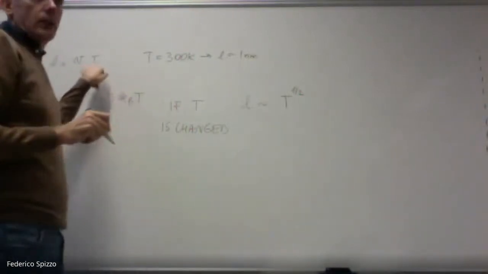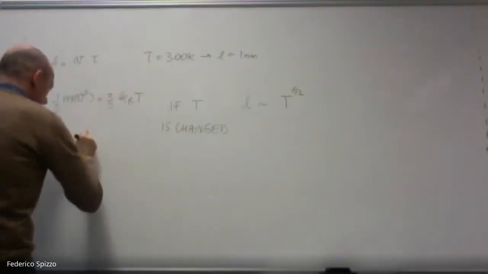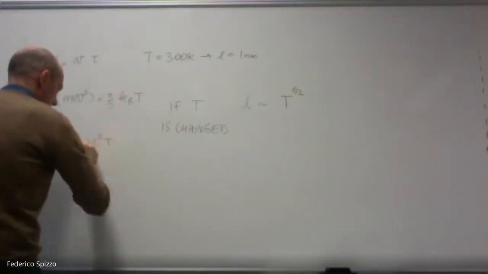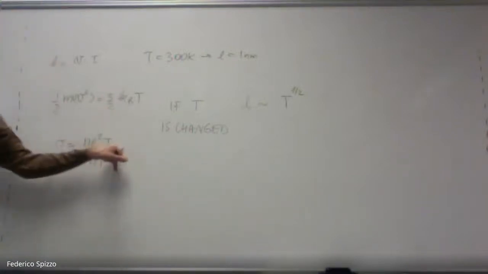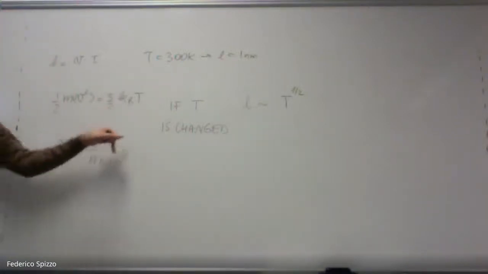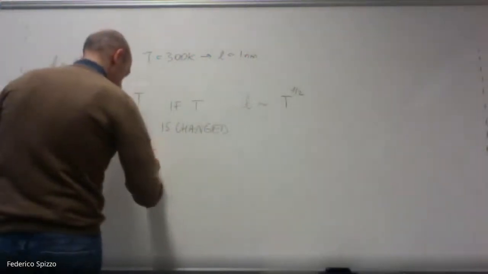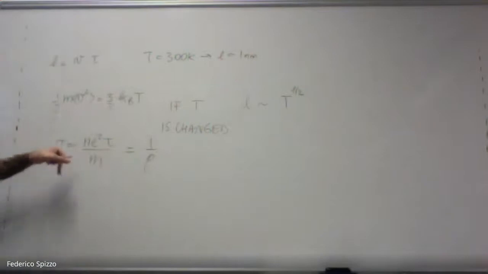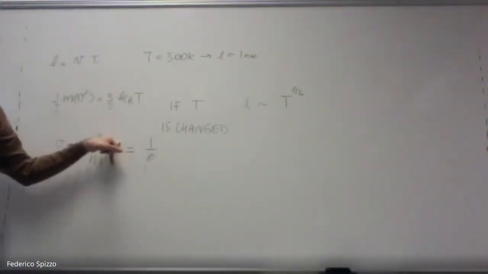Then tau. We have seen that the conductivity and the relaxation time are proportional with each other. Since the conductivity is 1 divided by the resistivity, the resistivity and the relaxation time are inversely proportional.